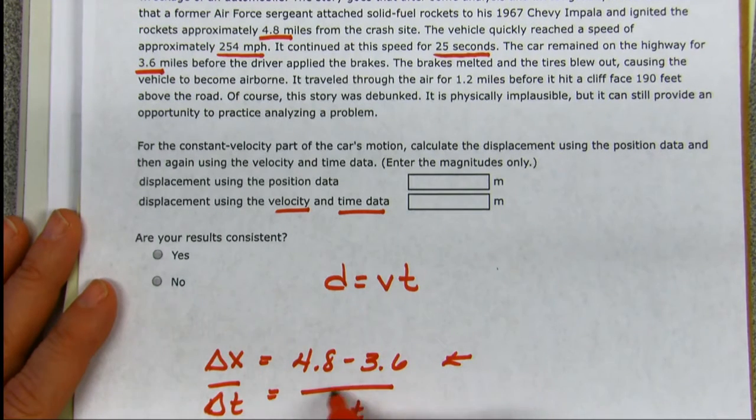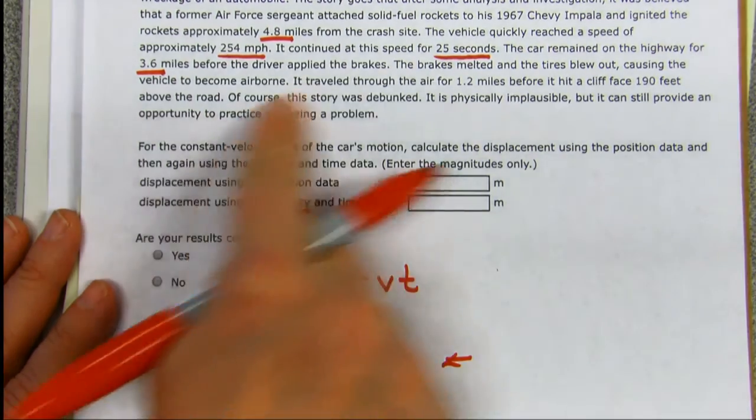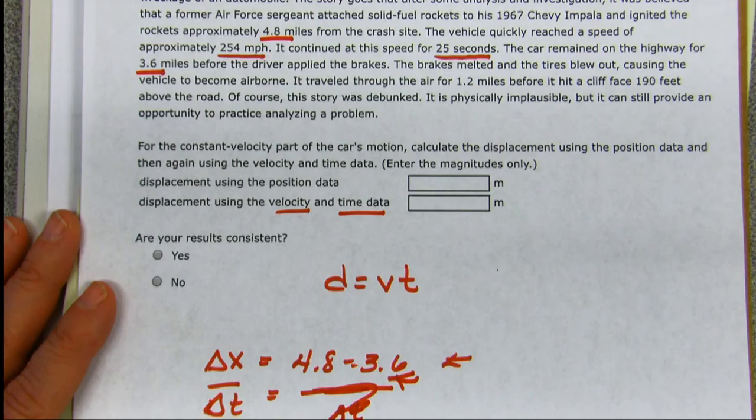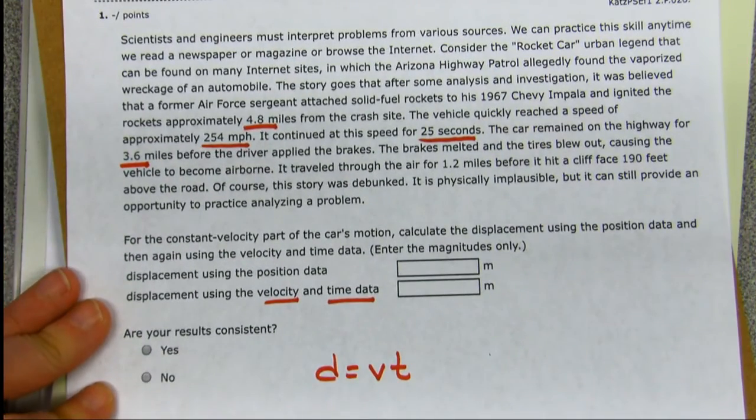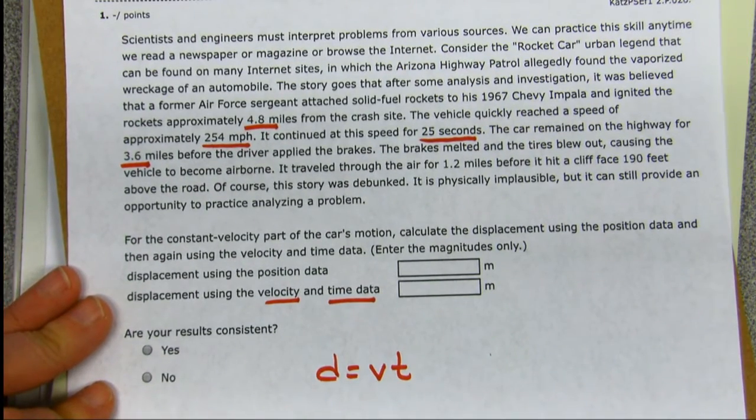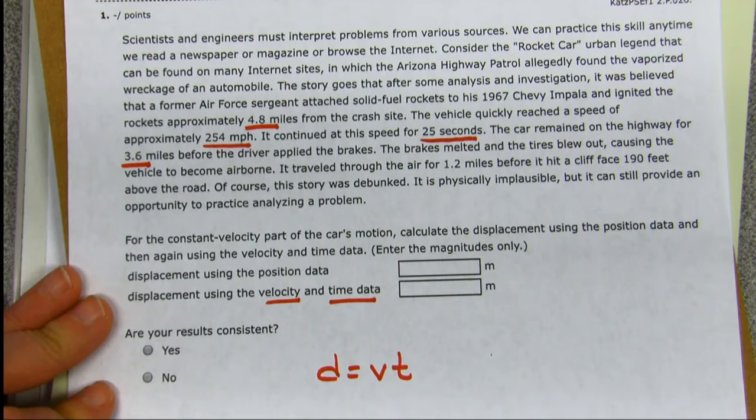That's just my position data because that's all I had. And then we have velocity versus time data. All that other stuff in that problem is just background. It has nothing to do with the calculations that you have to do.